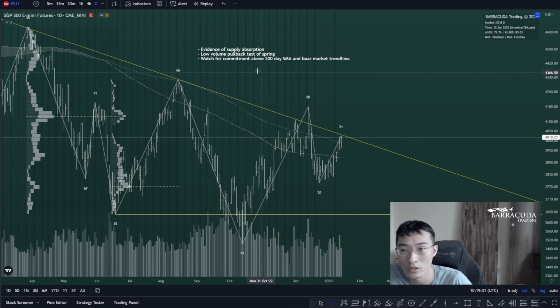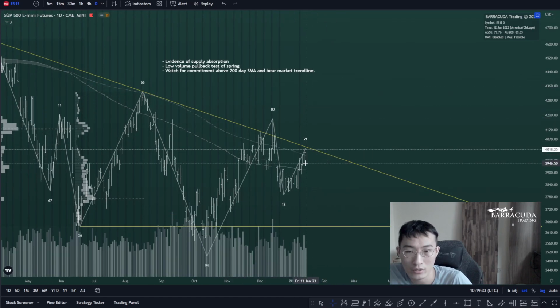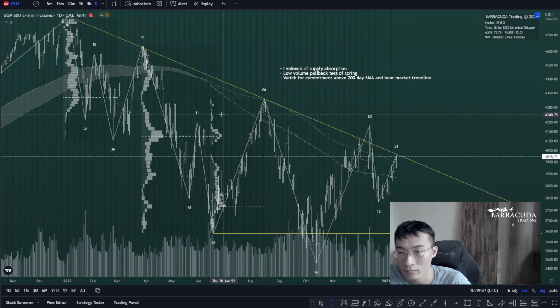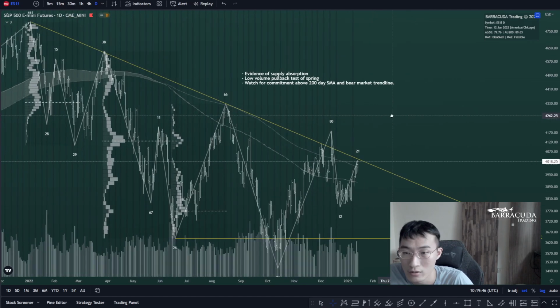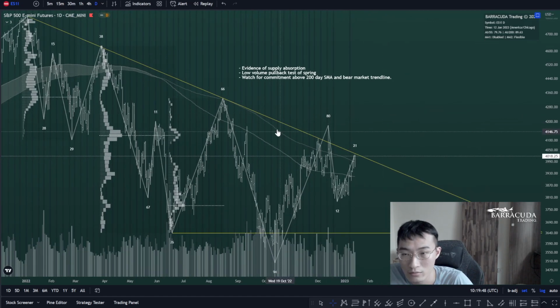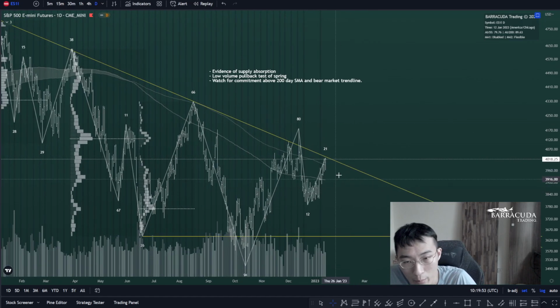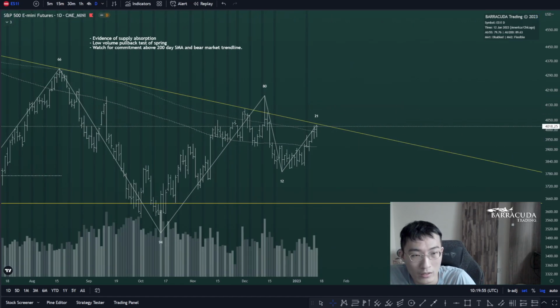So the third thing to watch is that the price actually went above the 200-day moving average. So I have two moving averages here. The faster one is the 150-day moving average, and the slower one is the 200-day. So it looks like the price is trying to commit above the 200-day.